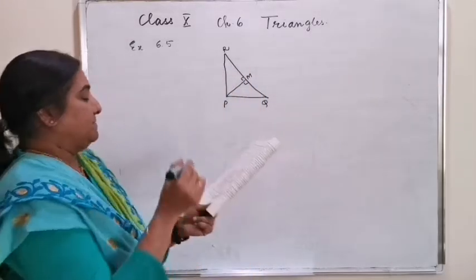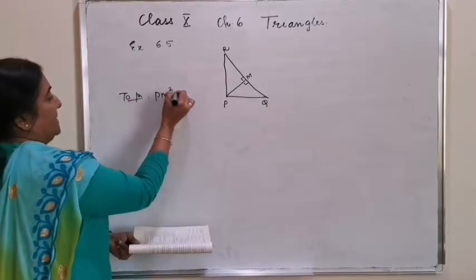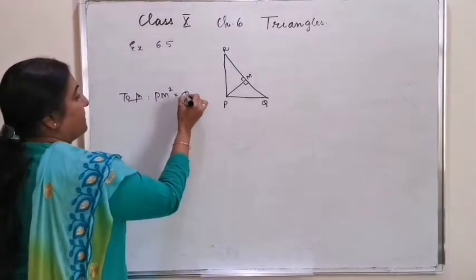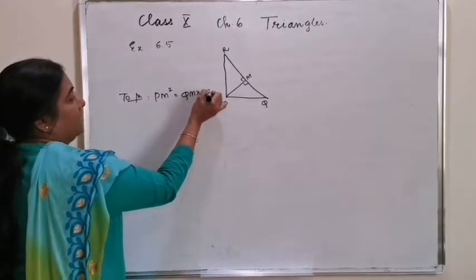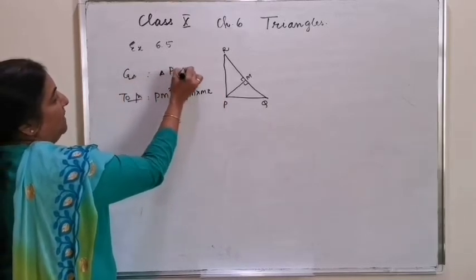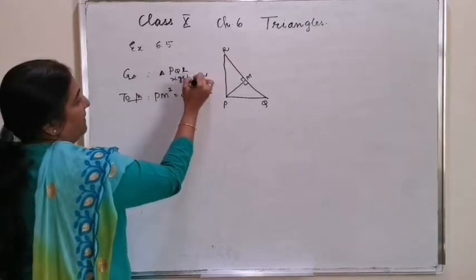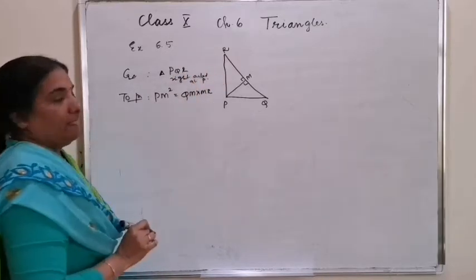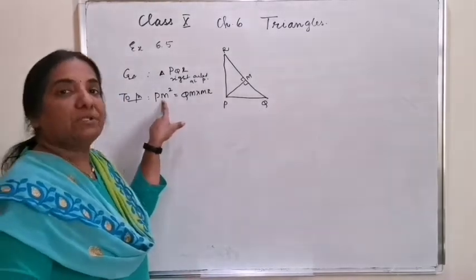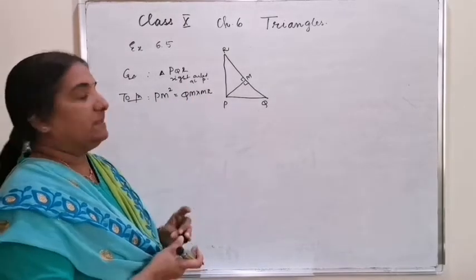Show that PM square is equal to QM into MR. So what is given is triangle PQR right angled at P. If you see the part to be proved, PM square is equal to QM into MR, check the measures.